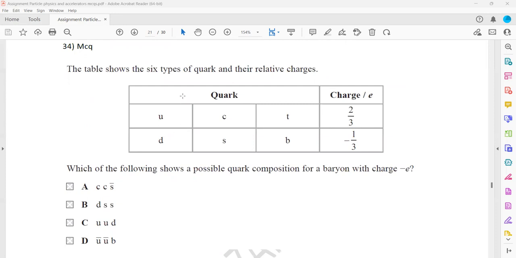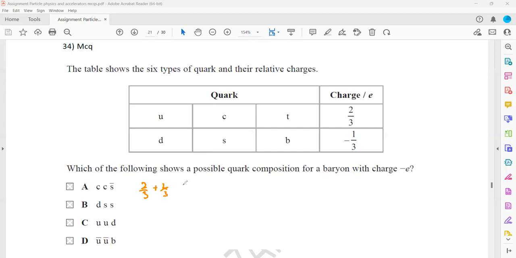The table shows the six types of quarks and their relative charges. Which of the following shows a possible quark composition of a baryon having a charge of minus e, the same as the charge of an electron? When we write the charge here, for this one it is 2/3 plus 2/3 and anti-strange.